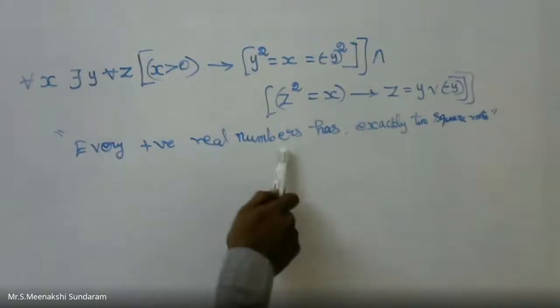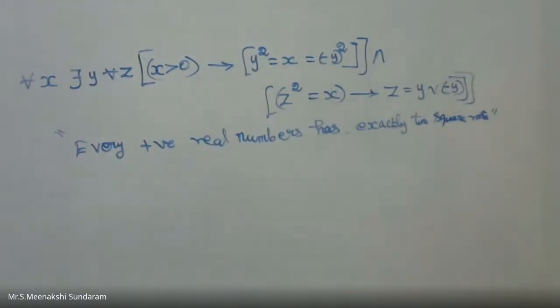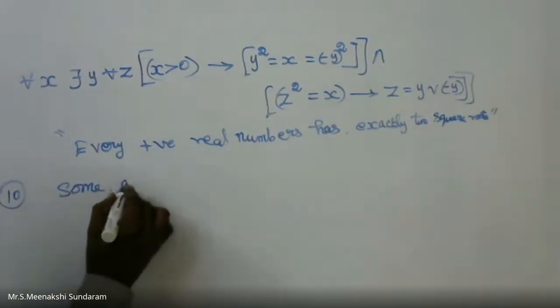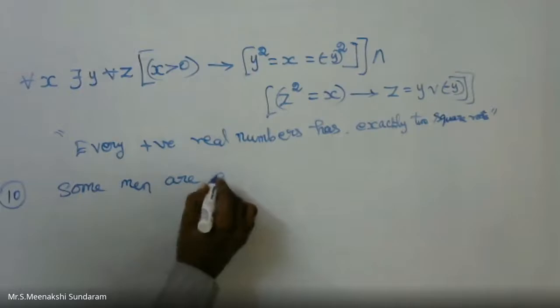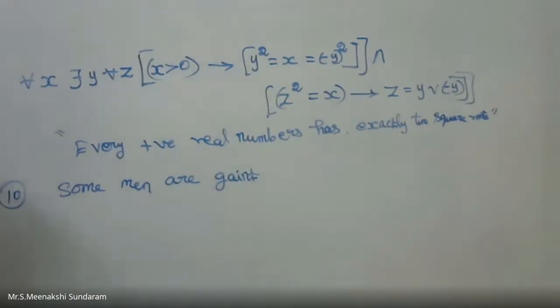Every positive real number has exactly 2 square roots. 9th one, define proposition. That is easy. 10th one, give the symbolic representation of: some men are giants.